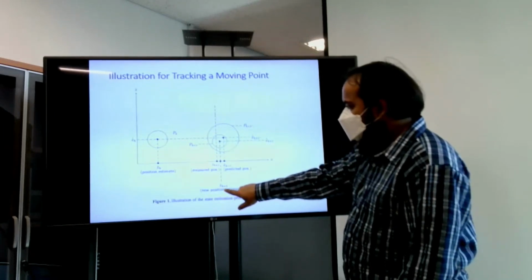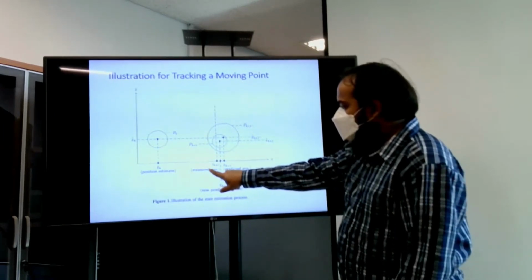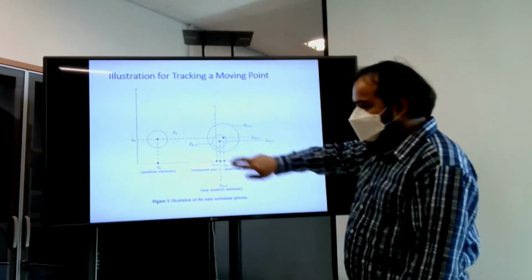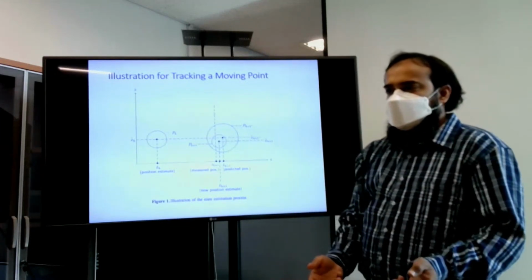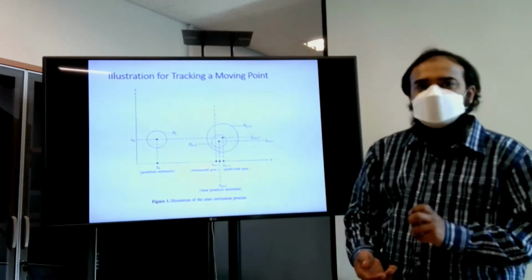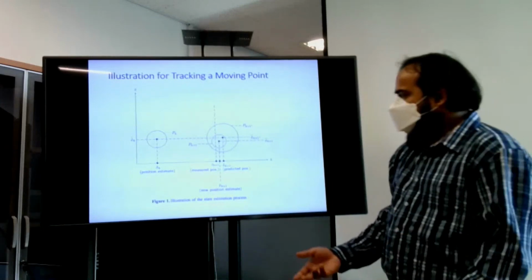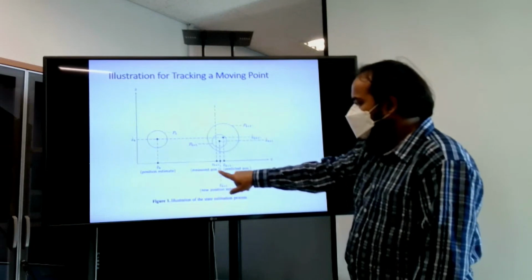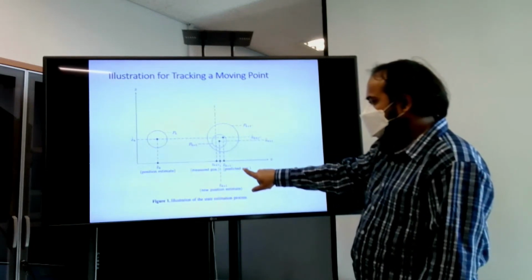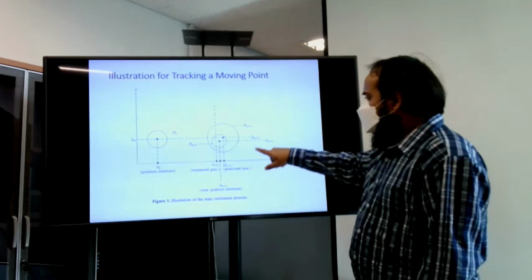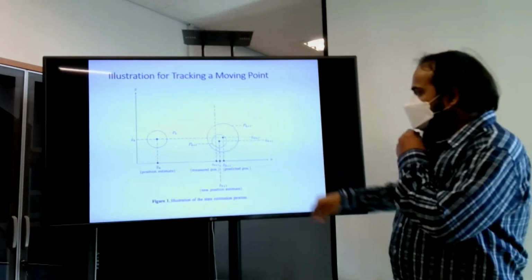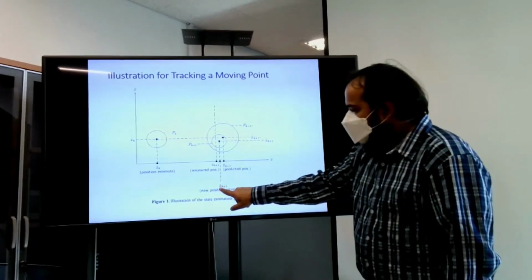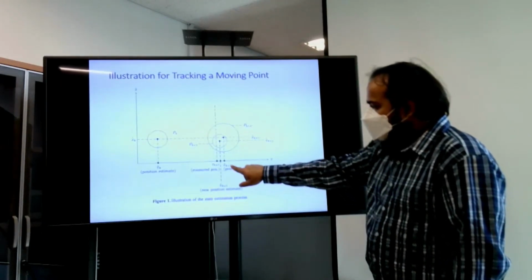Suppose the new position is between the measured position and the predicted position, although there is some difference because of the covariance, because of the error. There is always error. So the new position measurement is between the measured position and the predicted position, having the velocity here and here, and the covariance here.